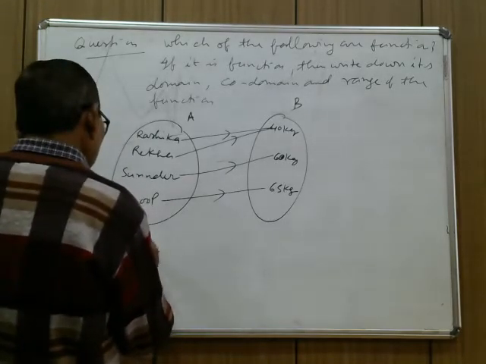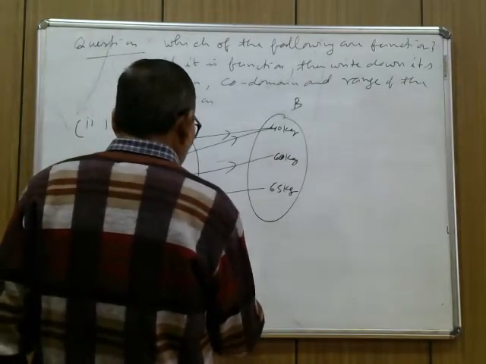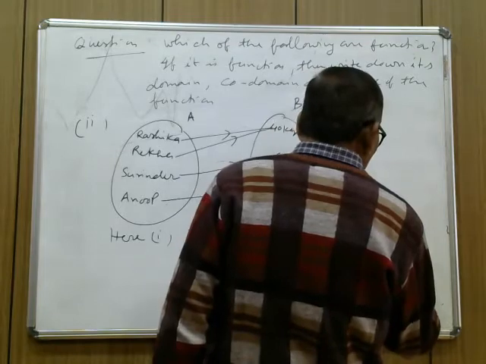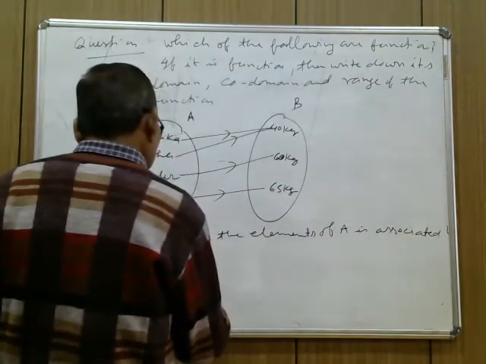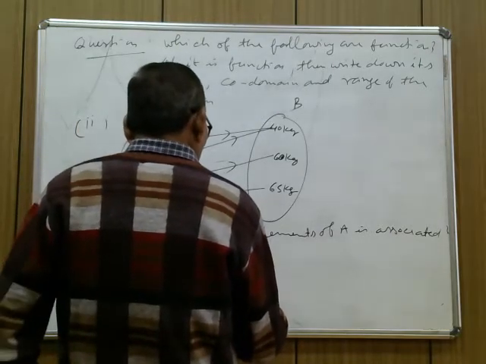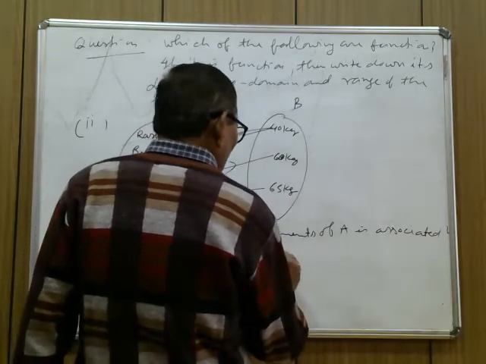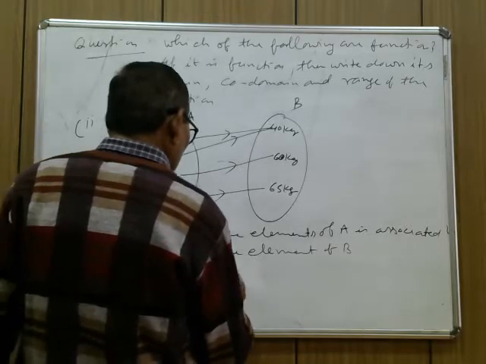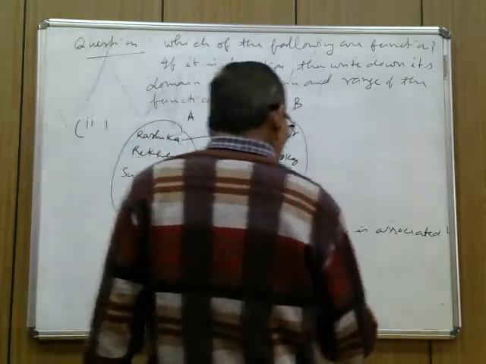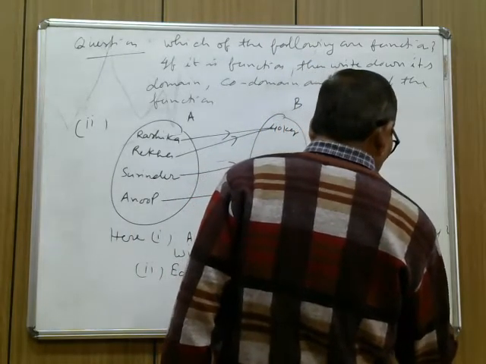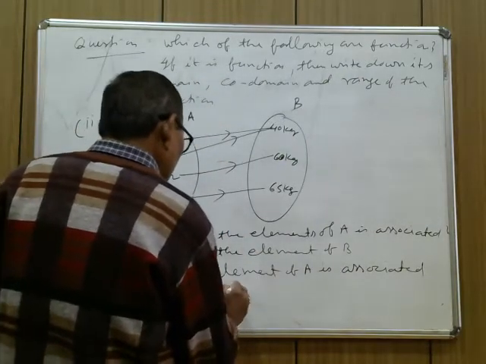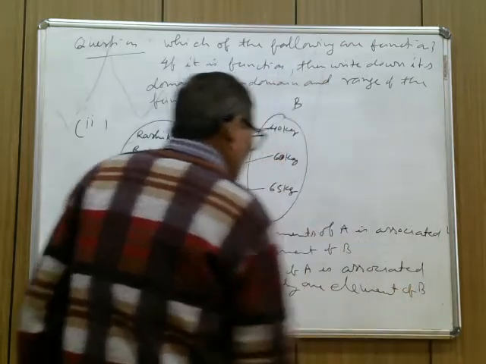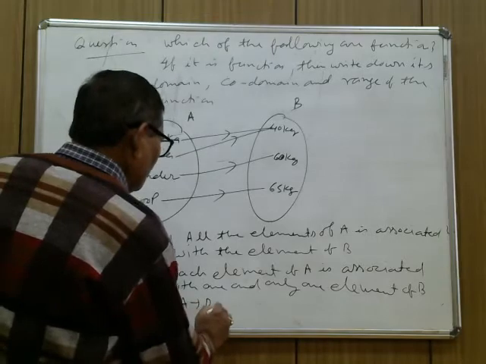So here in this example, first condition, all the elements of A are associated with an element of B, and second, each element of A is associated with one and only one element of B. So both conditions are satisfied, therefore the answer is that f from A to B is a function.